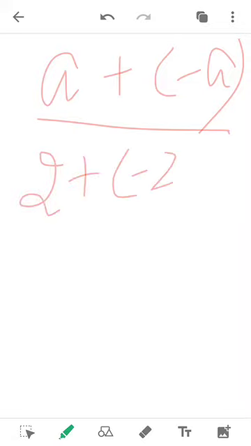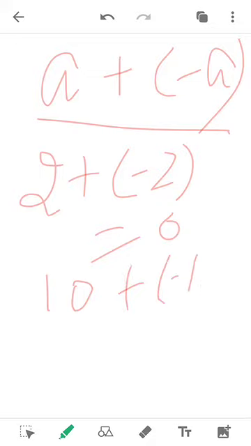We know that we will get 0 when we add an integer and its inverse, that is minus a. 2 plus minus 2 we will get 0. 10 plus minus 10 we will get 0.